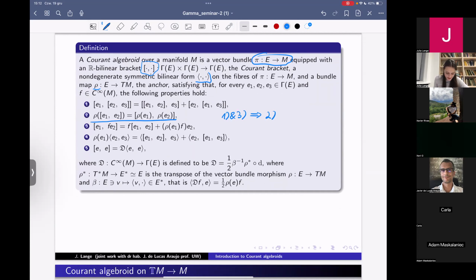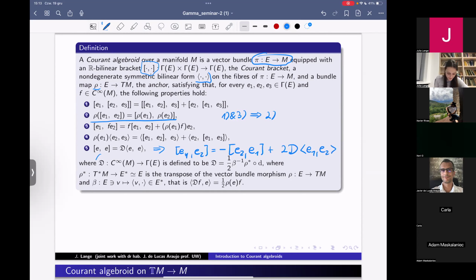And like I said, the bracket is not skew-symmetric, since from condition number 5 we can write that the bracket of two sections of E is given by minus the bracket with the terms exchanged, plus 2 times this derivation map D of the pairing of E1, E2.